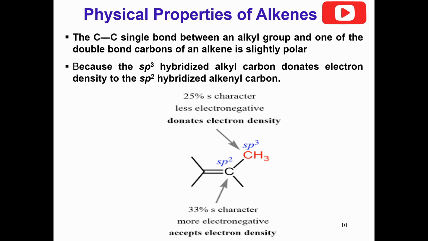In this case, the sp2 carbon is more polar than the sp3 carbon, meaning that alkenes are slightly more polar than alkanes.